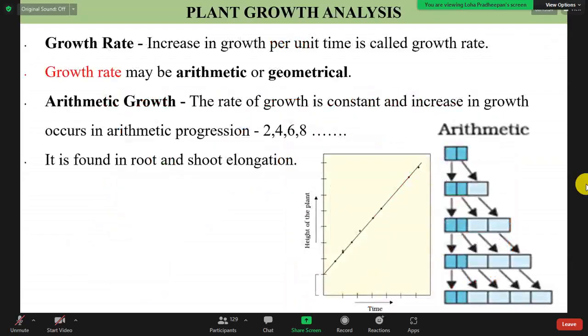Then, because we are talking about what growth is, what types of growth we see in the plant and what the phases of growth are, we will move to the growth rate. Growth rate means the increase in growth of the plant per unit time. That is called growth rate.